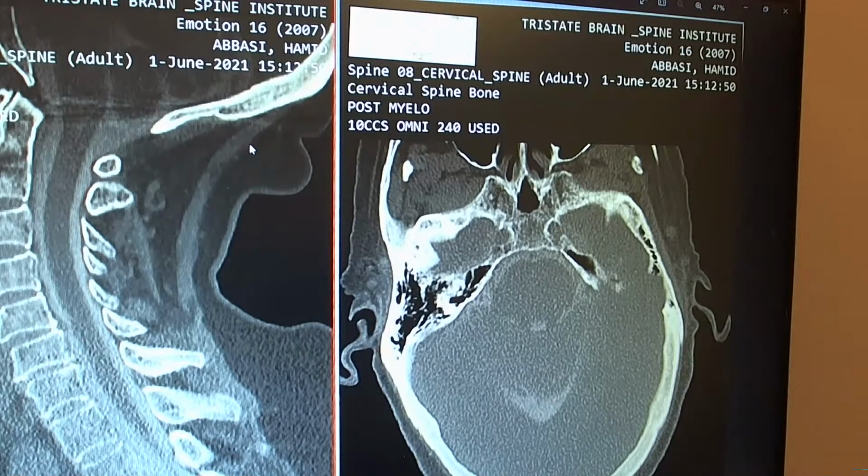Extra credit for somebody who can tell me what this is. Do you see that? It almost attaches to the occipital bone. What is that? No, sternocleidomastoid is not in the midline.